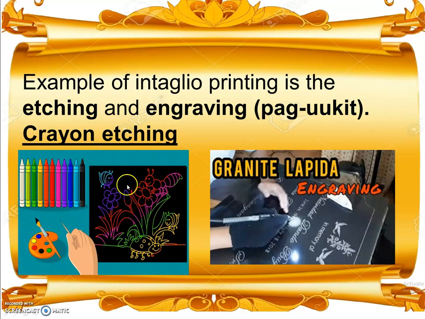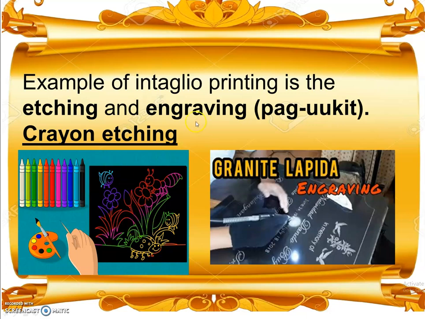You cover all the paper with the color white, and then cover it with the yellow, and then with the green, and then yellow, and then red, and so on and so forth, until it becomes black. Then after the black, get pointed materials to etch the design that you want, like this one.